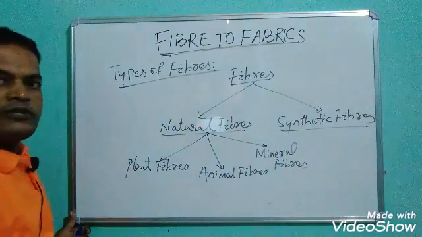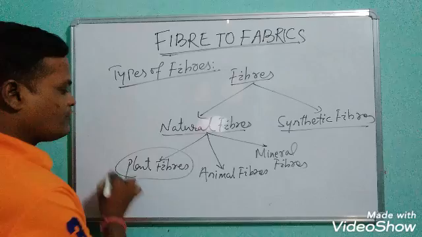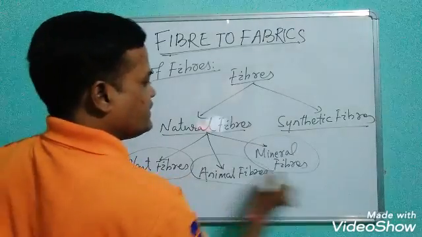The natural fiber is again divided into three types: plant fibers, animal fibers and mineral fibers.